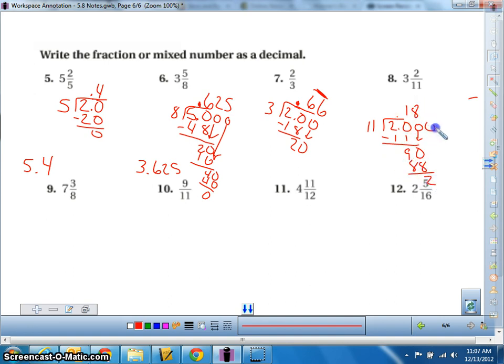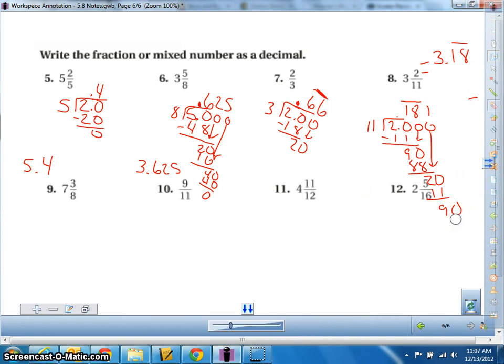Bring down a 0. I have 20. Oh, look, I'm starting right here again. I'm going to say 1, and I'll have 20 minus 11 is 9. Bring down a 0, 90. I'm following the same pattern here. So I'm just going to keep getting 0.18181818 all the time. So 3 and 2/11 becomes 3.18 repeating.